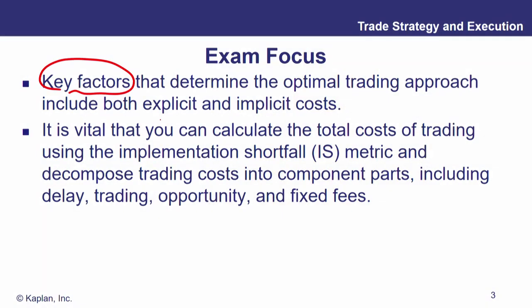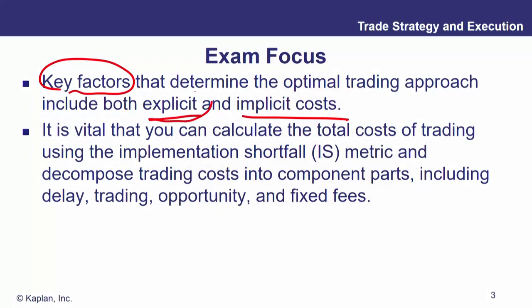So what are some key factors? Well, what I love about what the CFA material does is it seems like over the last 10 to 15 years, I hear a lot of firms talking about execution, and they focus on commissions. My friends are always talking about, hey, I can go to this company and I can trade unlimited shares for $4 or $3. We tend to focus on these explicit costs.